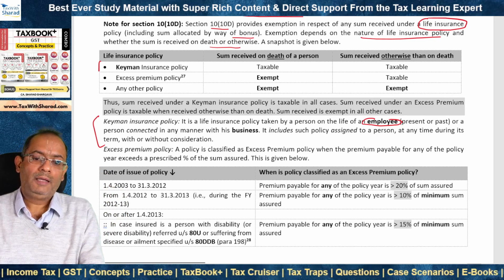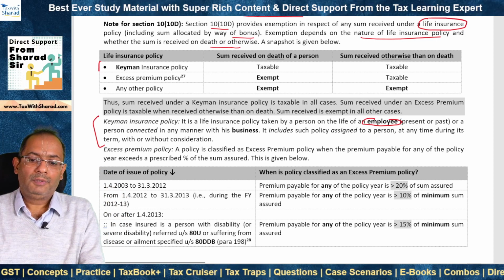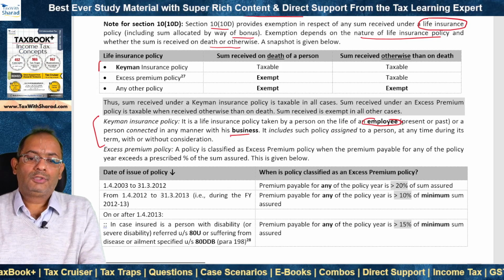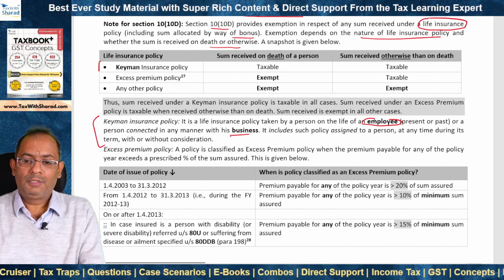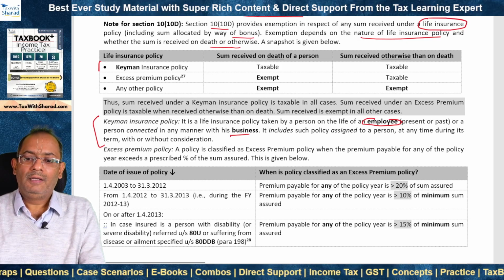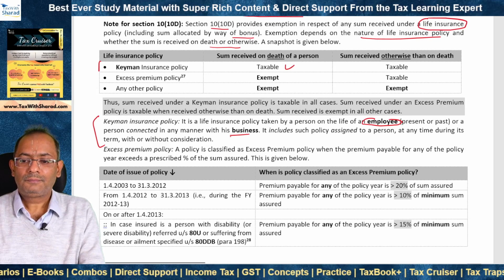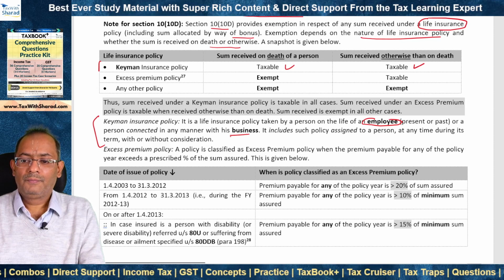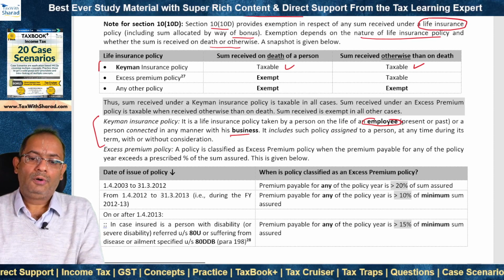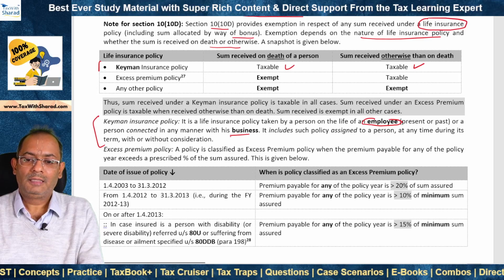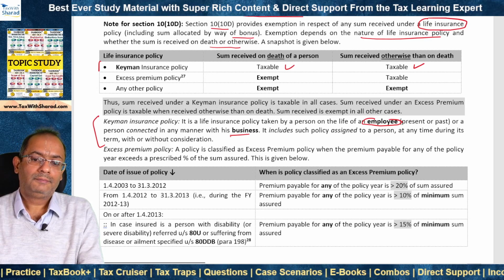Or it can also be taken on the life of a person connected in any manner with the business. So in case of a key man insurance policy, the sum received is taxable, whether it is received on death of the person or in any other case. So in all cases, the sum received under key man insurance policy is taxable. It's not exempt under section 10(10D).